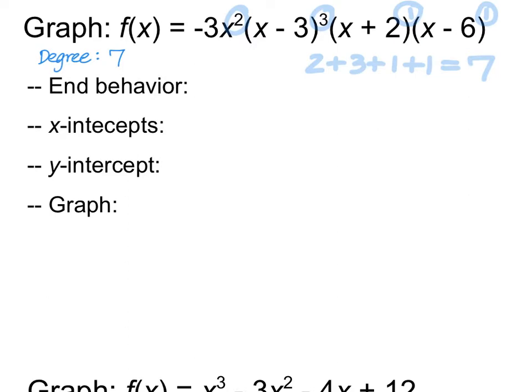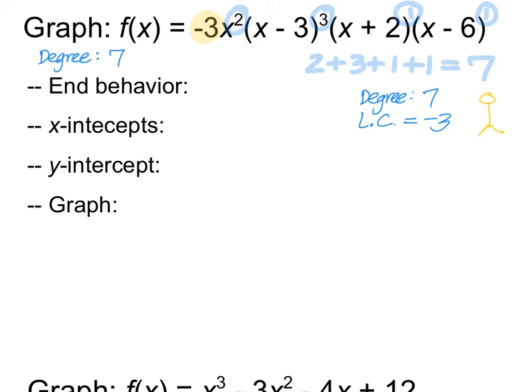Now, the degree is 7 and the leading coefficient is -3. How do I know it's -3? It's just the number in front of everything. That's the leading coefficient. So this brings us to which dance move, which end behavior.